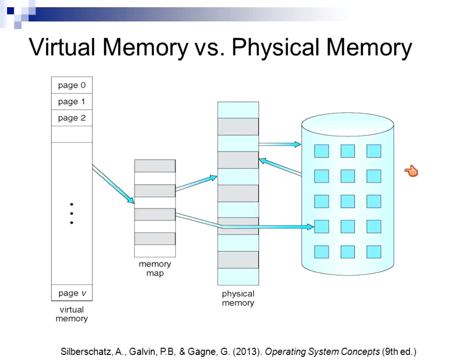Some of it's out on disk. If the program accesses something, like in this example right here, whatever it's accessing in virtual memory, it tries to access it in physical memory, and it's not really there.